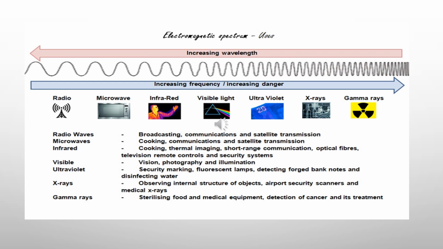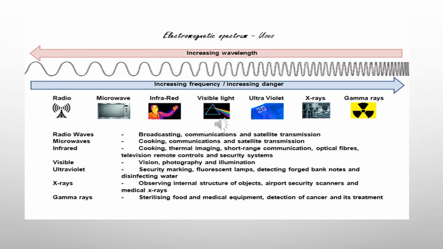Understand one thing, that wavelength and frequency are inversely proportional. Larger is the wavelength, lesser will be the frequency, because a bigger wave will take more time, or the number of times it is going to cross the given point will be less.